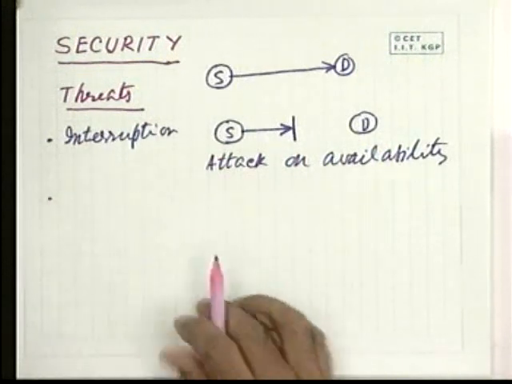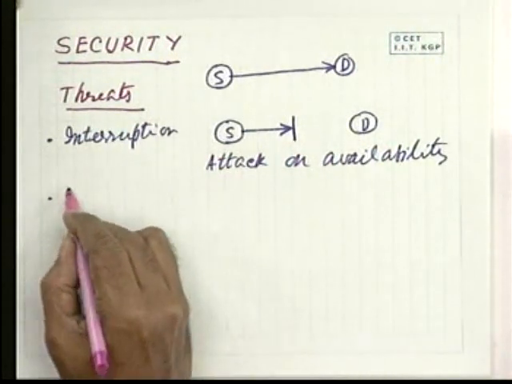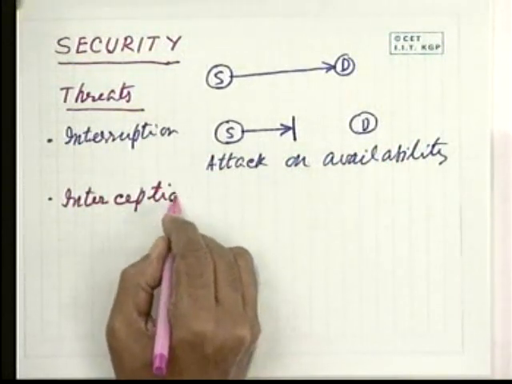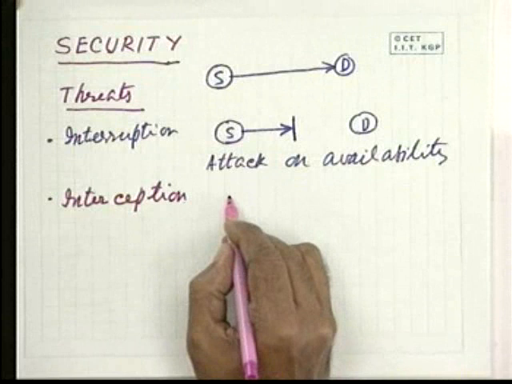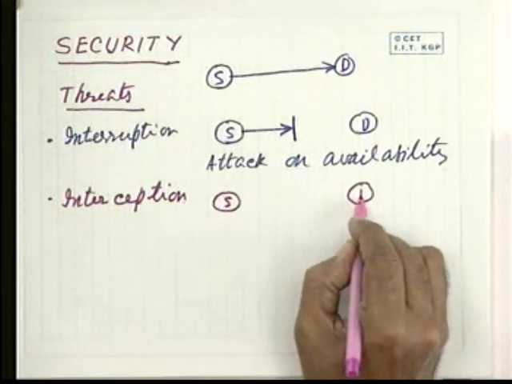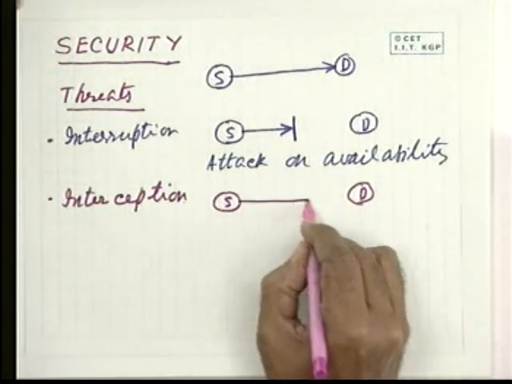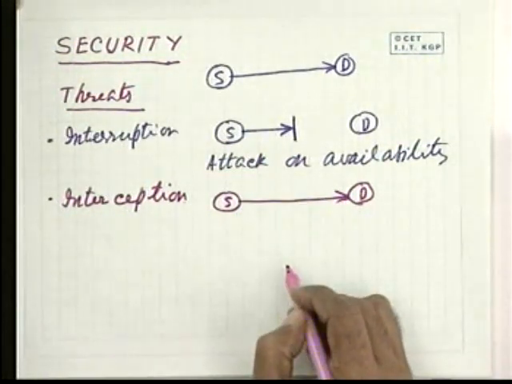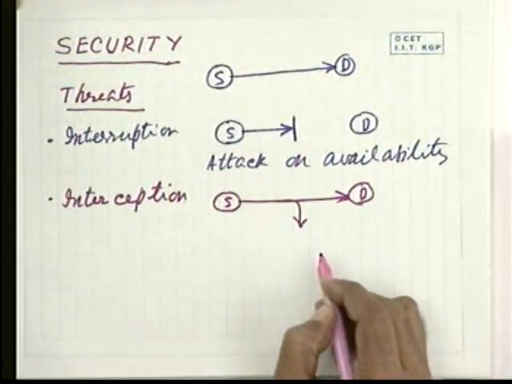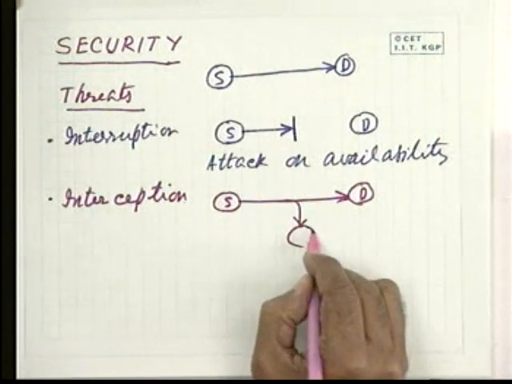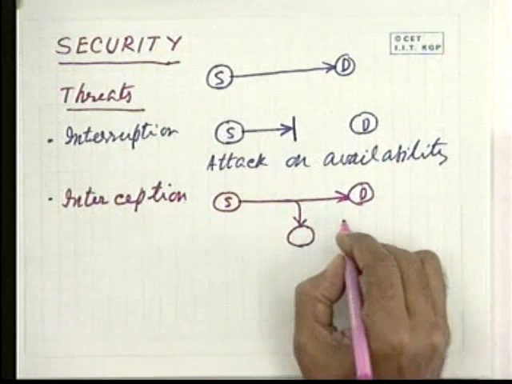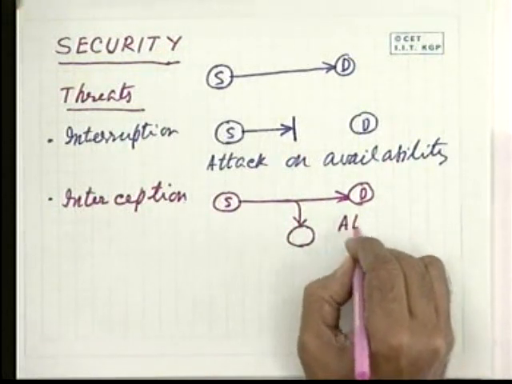The second type of threat is interception. In this interception, you have your source and the destination here. You are able to communicate, but the information is monitored by another agency, another host, and we can call it an attack on confidentiality.